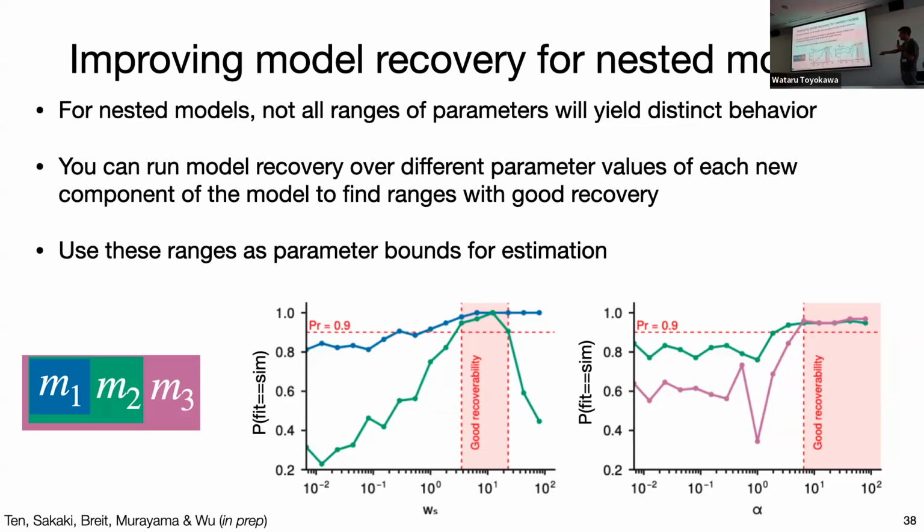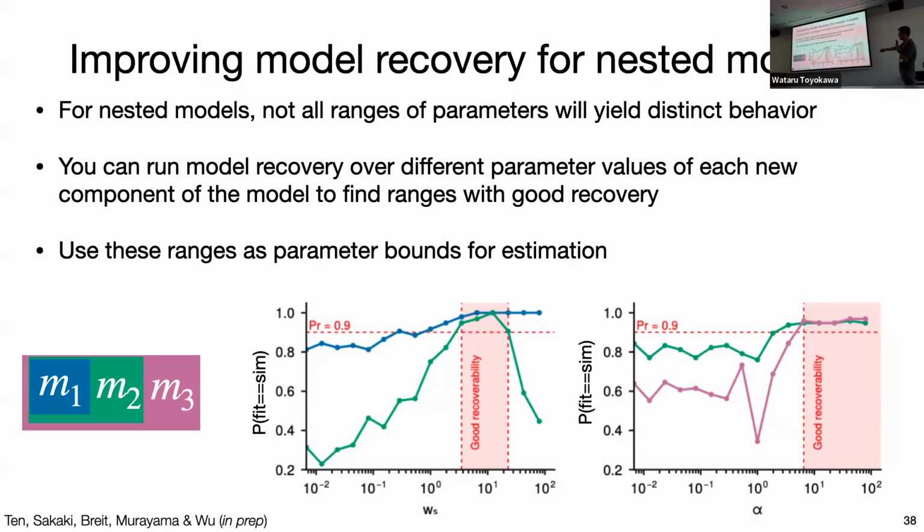What we're finding is that there are some ranges where the probability of the best fitting model being equal to the simulated model reaches a much better threshold for both situations, around 0.5, which is somewhat arbitrary, in this range of parameter values. So we're going to select that, and use these as bounds for our estimation later.